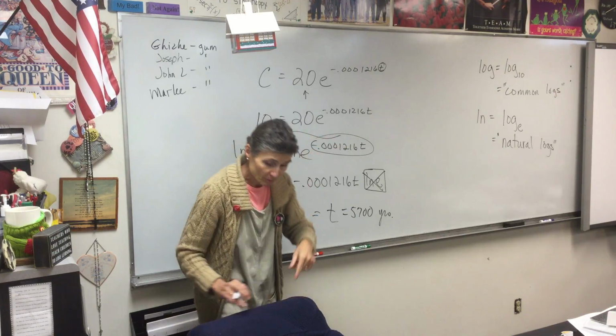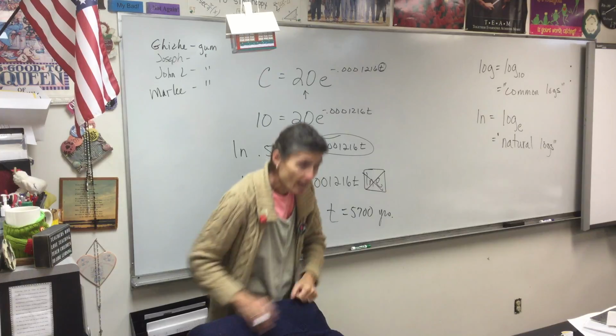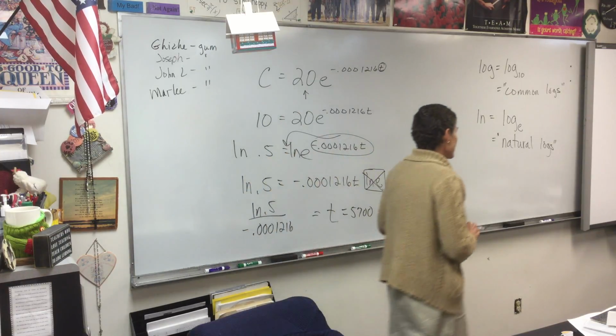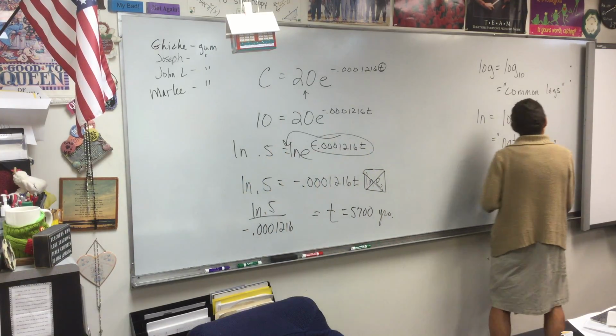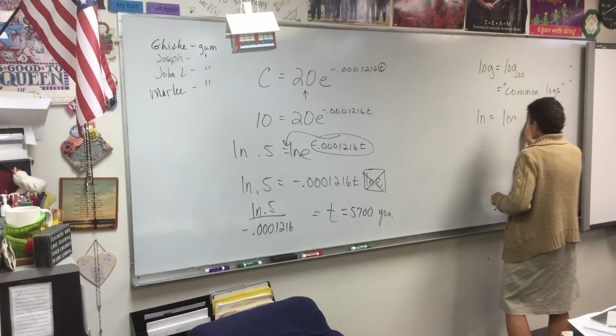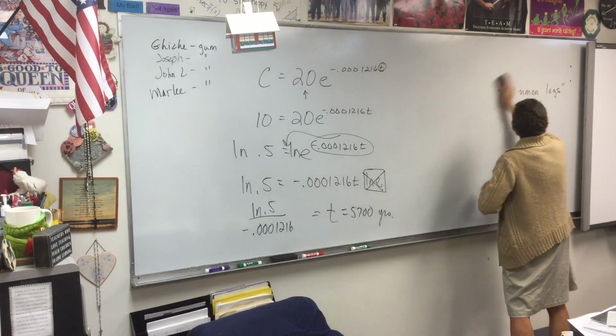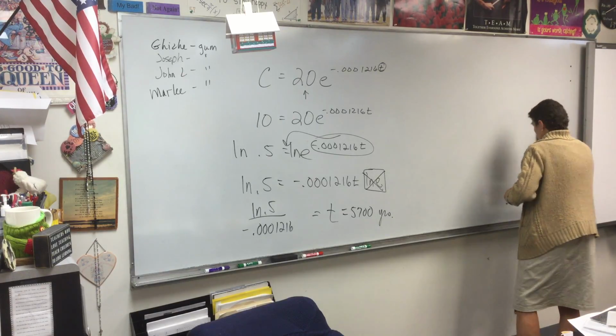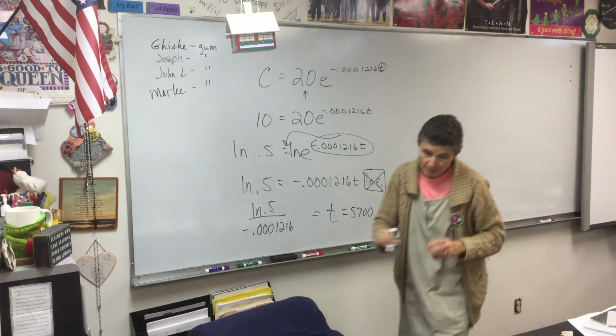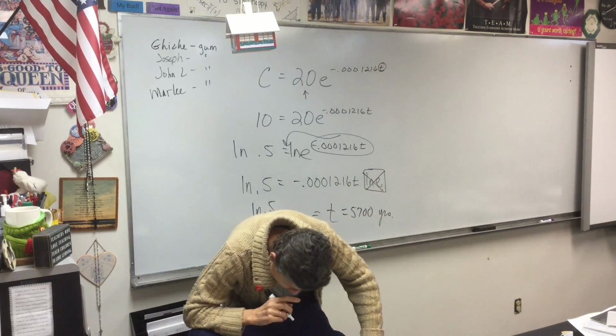Okay, let's try one with our partner. Number 39. Same kind of problem, but it's a growth instead of a decay, but you're going to do about the same exact thing. So try number 39 with your partner.